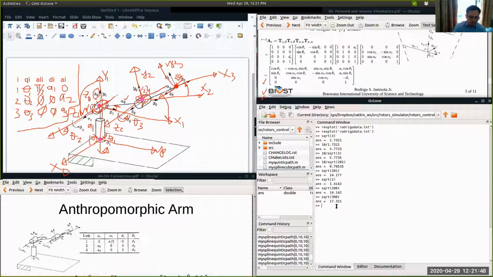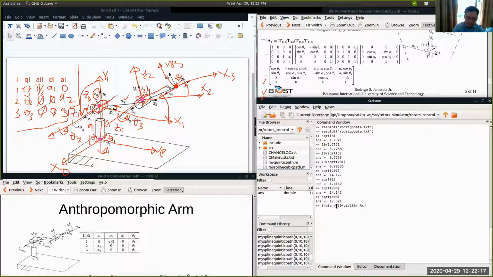Okay, so rotation Rx. Let's just say Rx. So rotation of Rx is what? Cosine, I have to put theta, is equal to, for example, 10 degrees times pi divided by 180 to make it into radians.